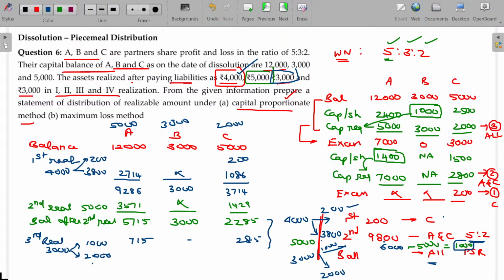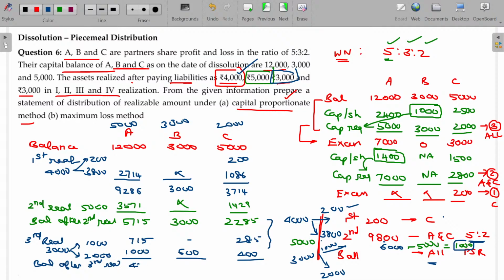Clear? Now the 2,000 will be payable to all the three partners A, B, C in their P&L ratio 5:3:2. If I share this in the ratio of 5:3:2, 1,000 is for A, 600 is for B, and 400 rupees is for C. Now find out the balance after third realization.